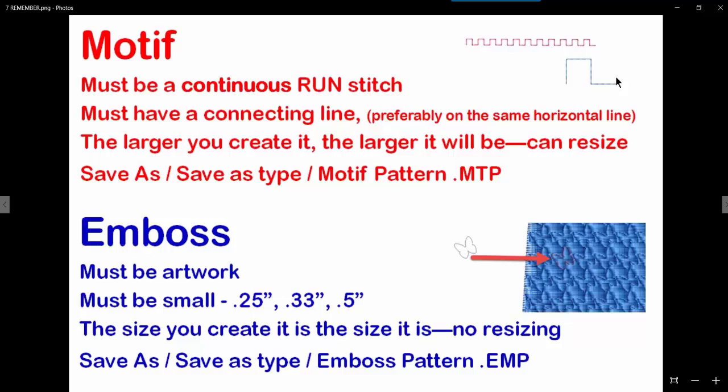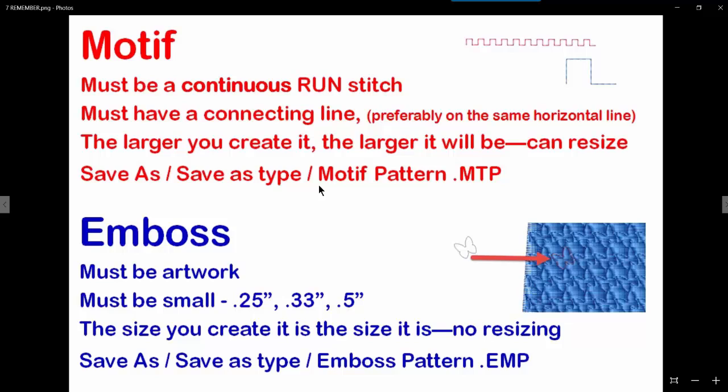Remember, with this one, this was our connecting line, and that's what allowed the spacing to occur. You know that you can fudge this particular suggestion; if you do not have a connecting line, it gives you a totally different look. Remember the heart that we played with. The larger we create the motif, the larger it will be, and we do have the ability to resize.